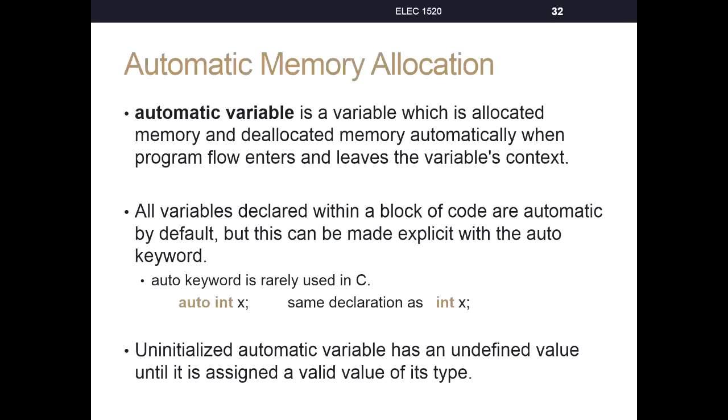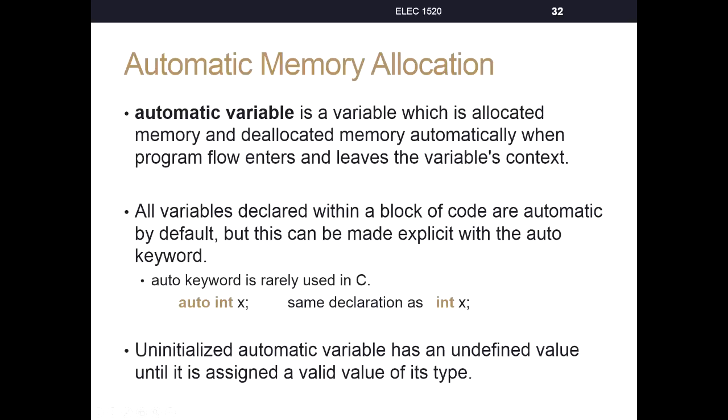Automatic memory allocation. Whenever you declare a variable, the operating system will actually take care of declaring and reserving memory for your variable. So it happens automatically. This is nothing we have to write anything specific to handle. It also deallocates. So when your program stops running, it deallocates the memory and indicates to other processes that that memory is available.